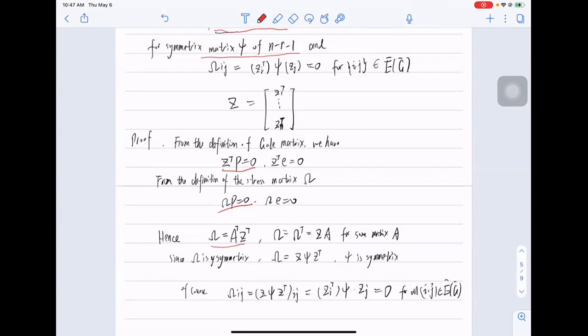Therefore omega is just Z times phi times Z transpose, and phi is symmetric.